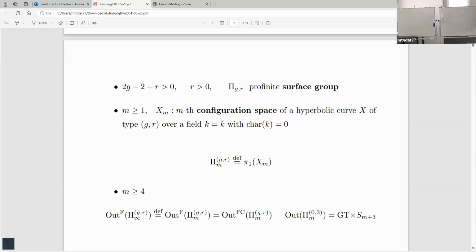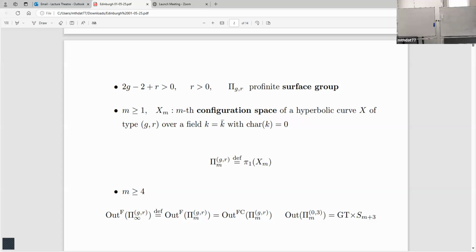Inside this Out^F, there is Out^FC, a subgroup a priori of Out^F. It consists of all elements of Out^F with the following property. You have various adjacent subquotients of pi_m GR, which arise as subquotients of projections between configuration spaces of consecutive degrees, and these are surface groups.